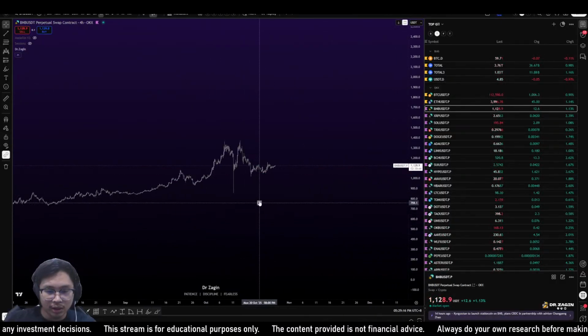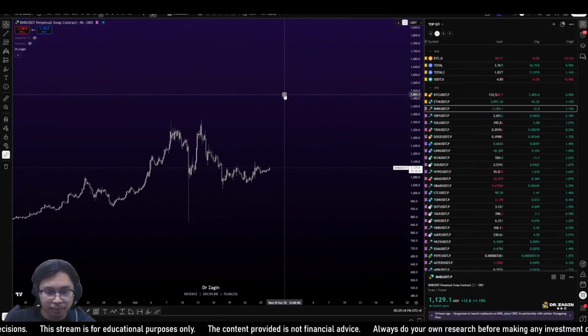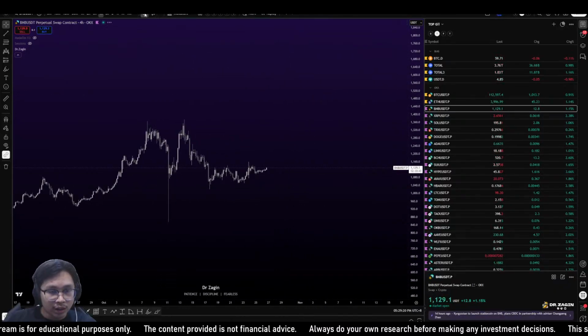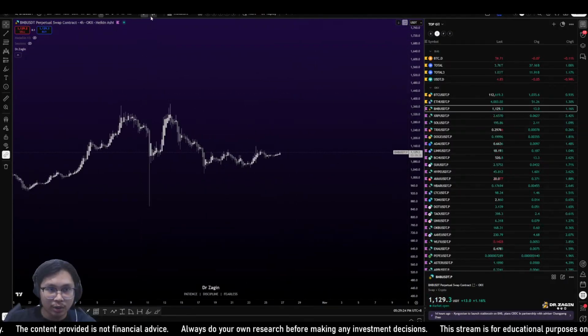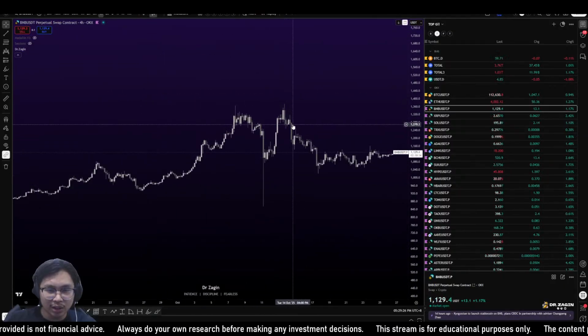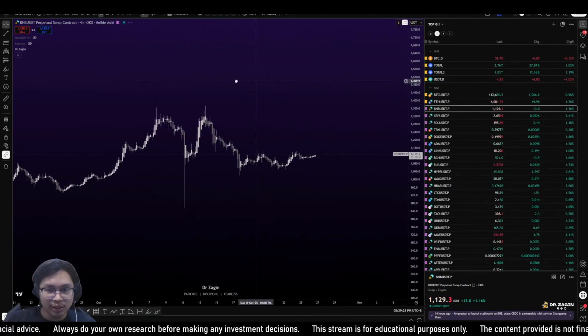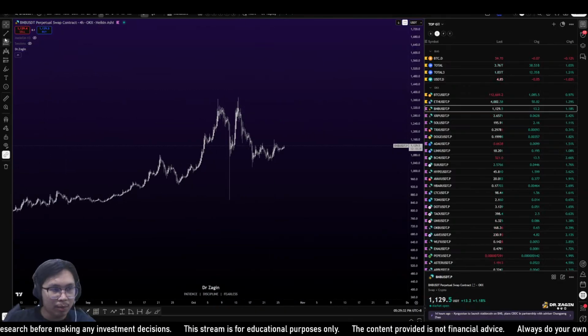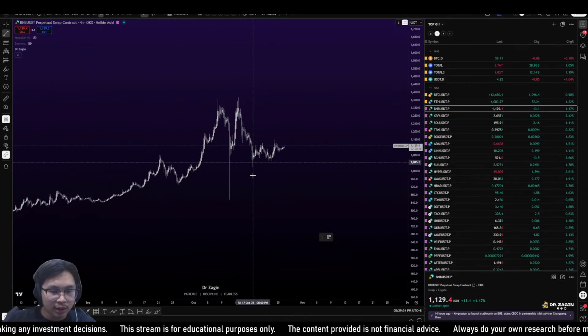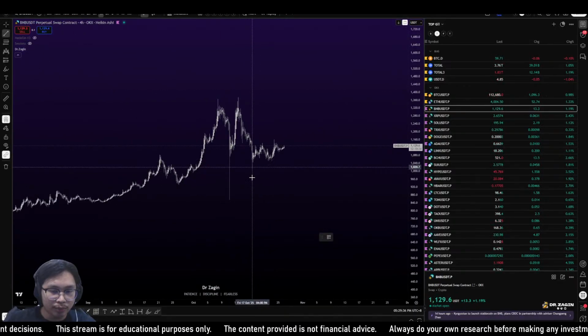Let's remove our drawings. I'm using Heikin Ashi because it looks cleaner, guys, and to avoid confusion as well. That's why I use Heikin Ashi, since I'm more on structure, not candle reading.